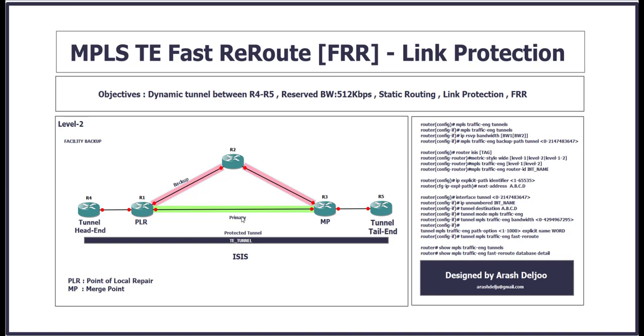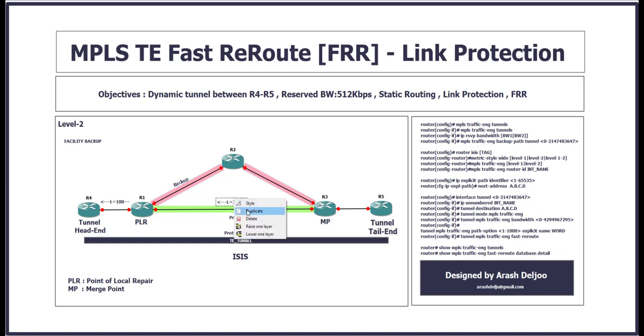Let me talk about the concept. Assume that the primary link has failed. Now we are receiving traffic from, for example, router 4 in router 1. Assume that we learned one label from router 4. Let me write these labels on router 1. We received the label 100. And from router 3, before the failure of the link, we receive one label, 300.